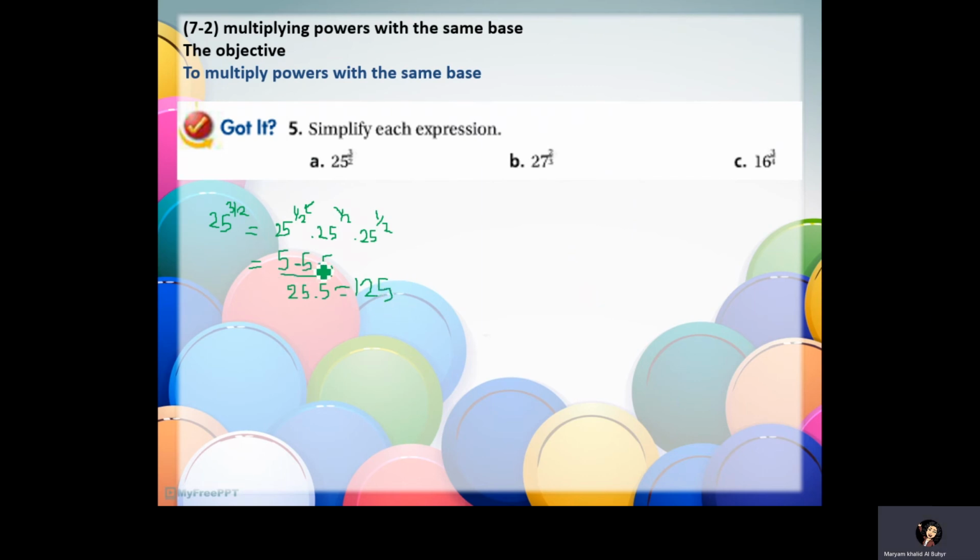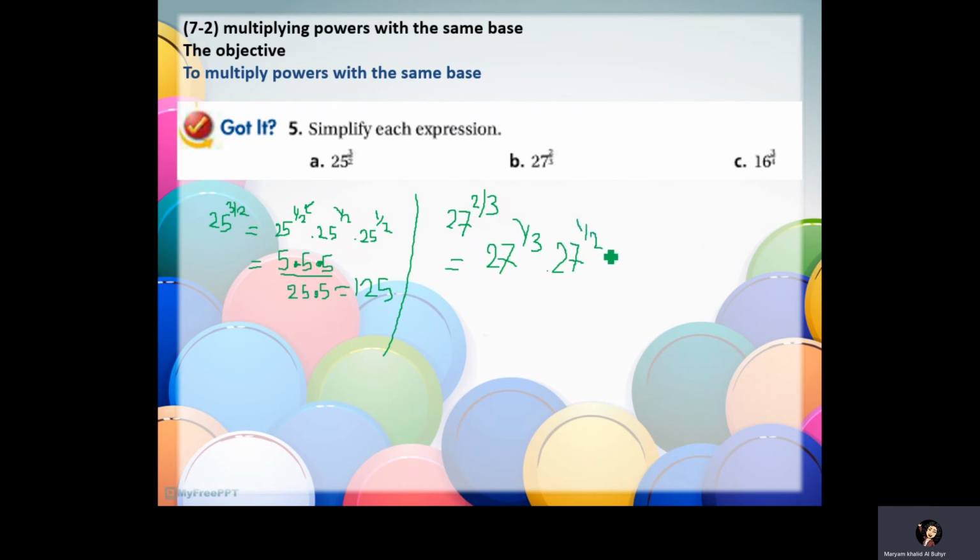Yeah, so here we have this. This is multiplication. I just would like to make it bigger. I'm trying to make my handwriting as organized as I can. So 27 to the power 2 over 3 is equal to 27 to the power 1/3 times 27 to the power 1/3.